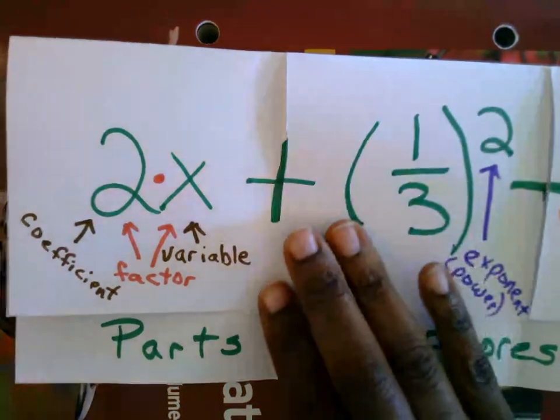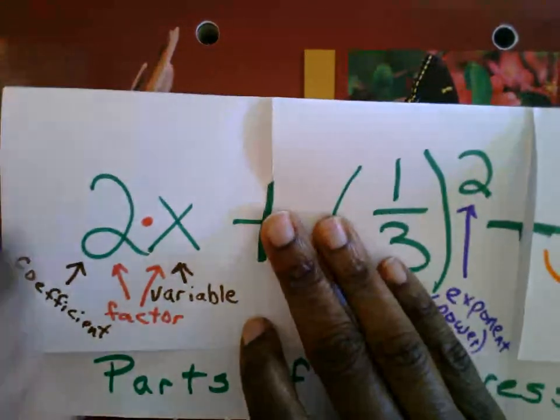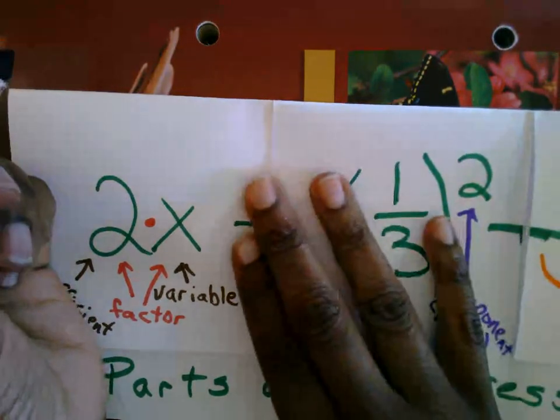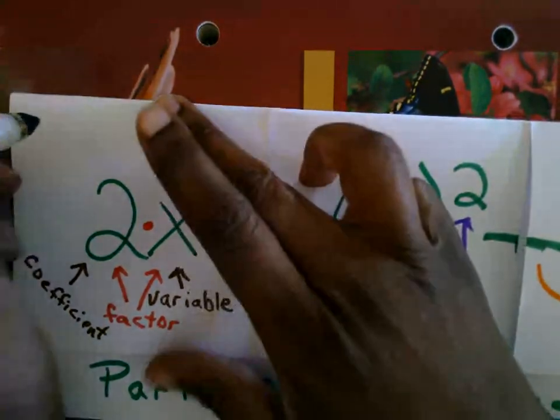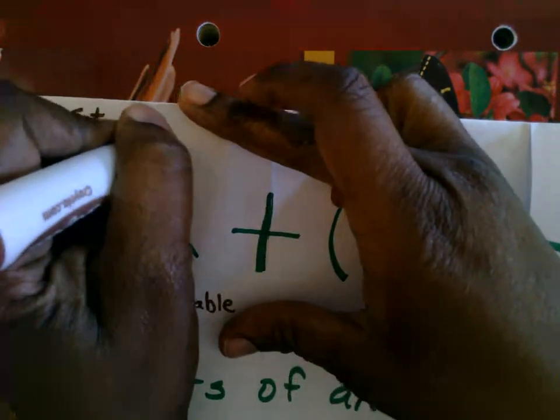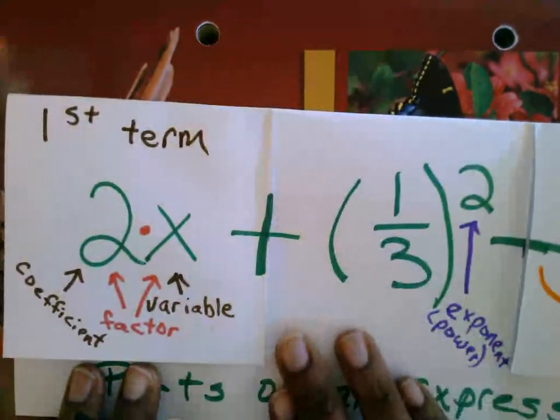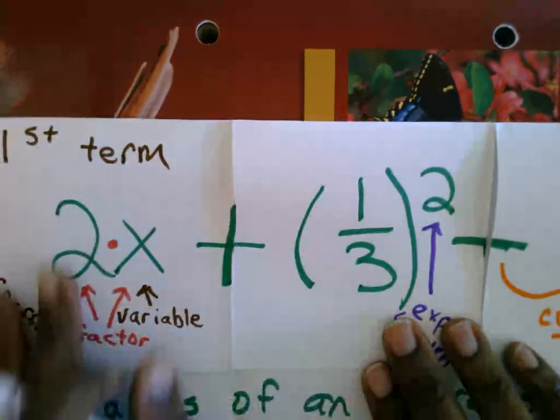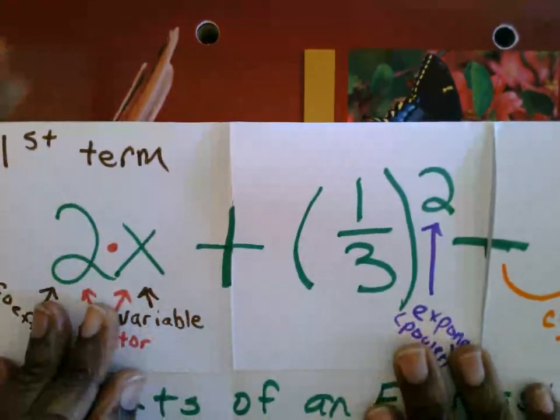Yes, we're going to get to that too. Now, each one of these flaps contains a term. This is the first term. 2x is the first term.